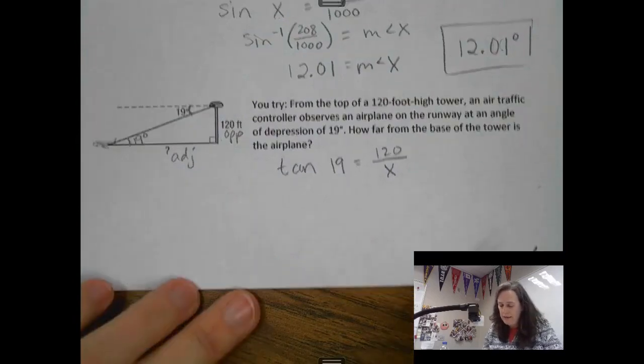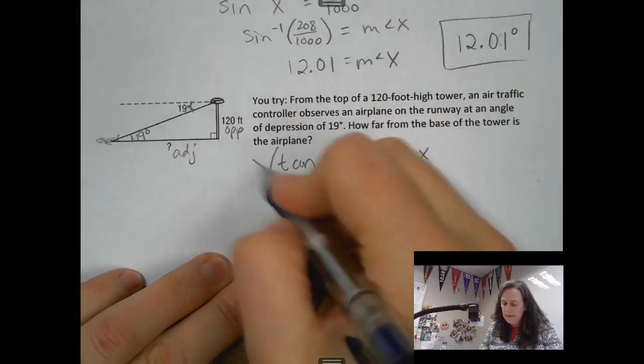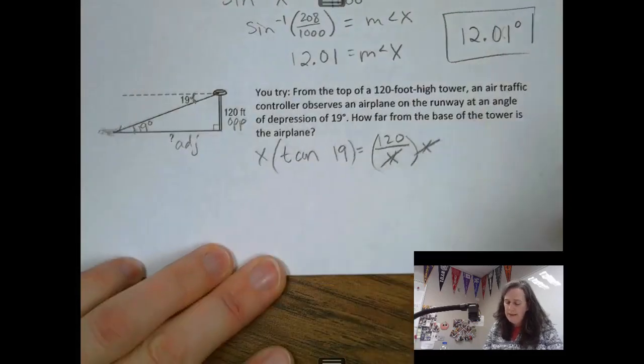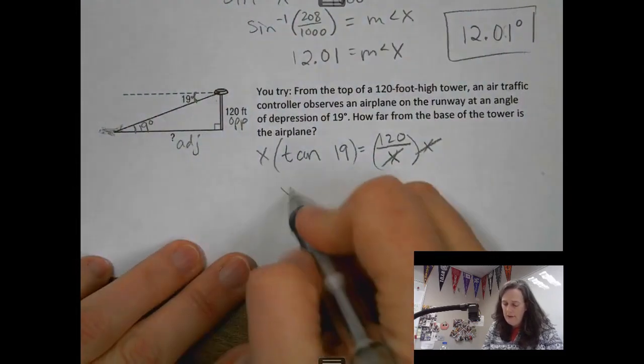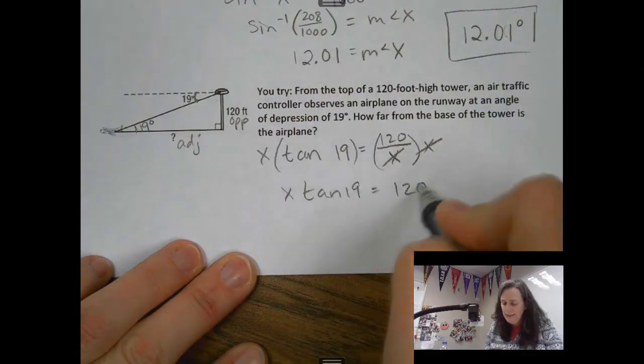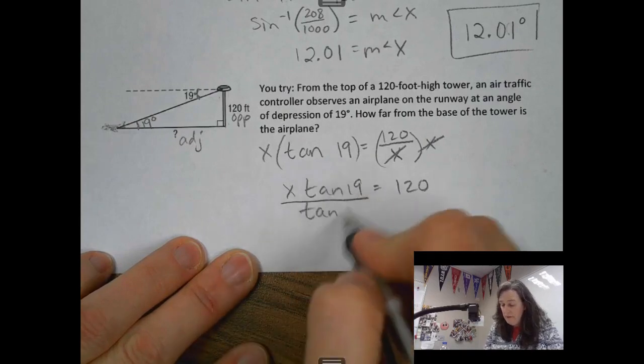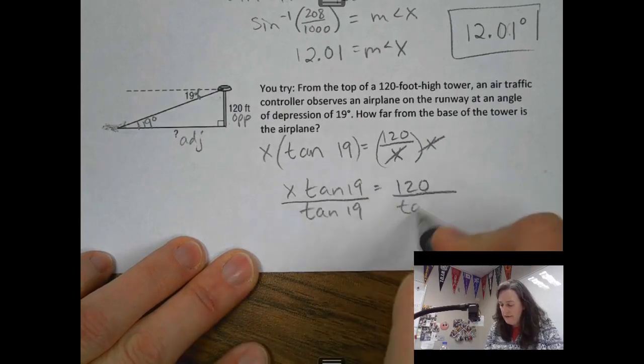All right, let's do this. Multiply both sides by x. Then if I have x times the tangent of 19, and I just want x, I need to divide both sides by the tangent of 19.